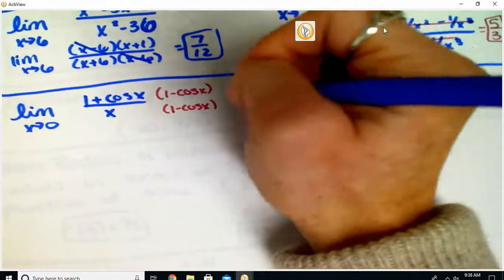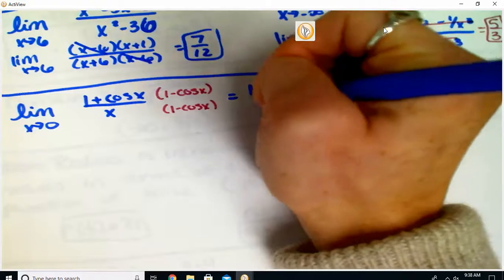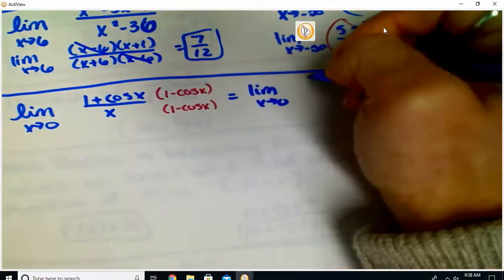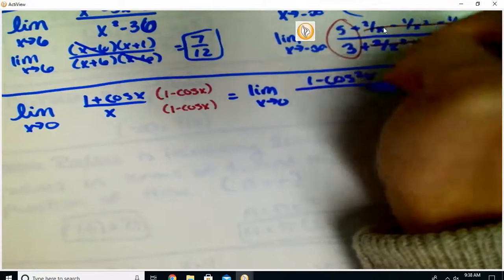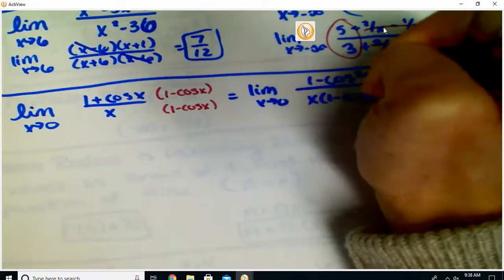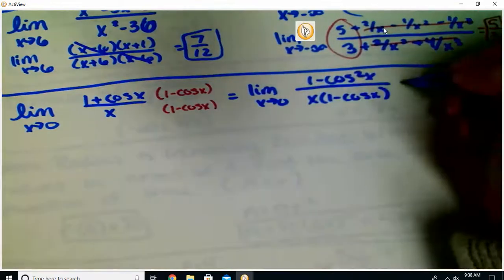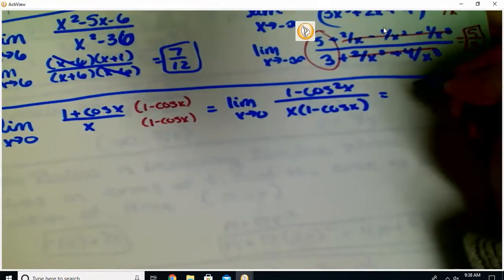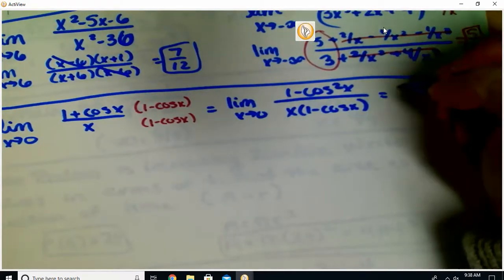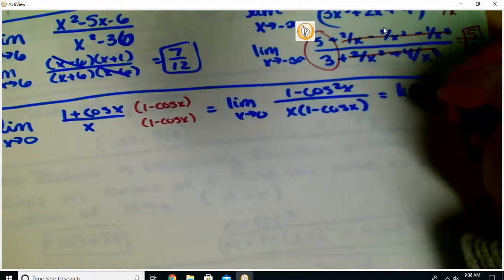Okay, so that would give me the limit as x approaches 0. On the top, that's 1 minus cosine squared. On the bottom, I have x times 1 minus cosine x. What's 1 minus cosine squared turn into? So we're still writing our limit.